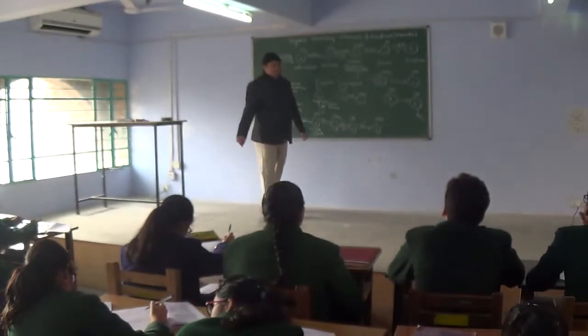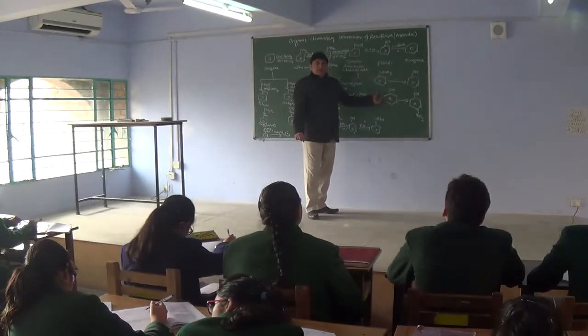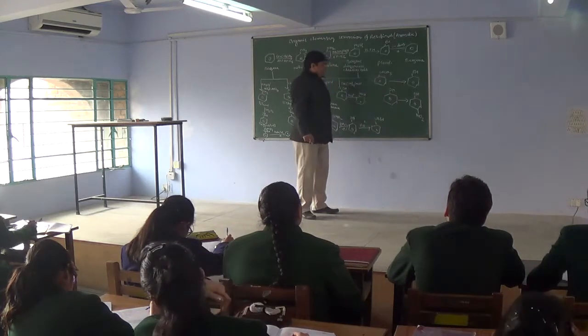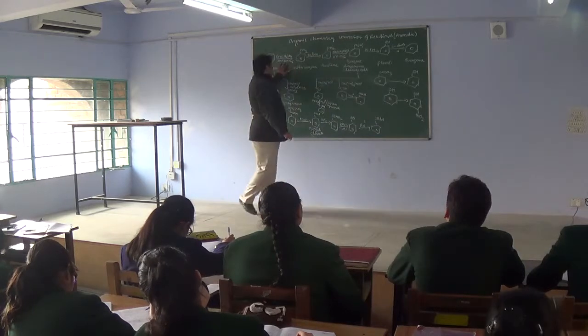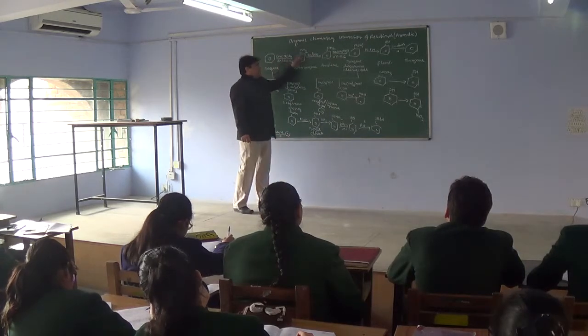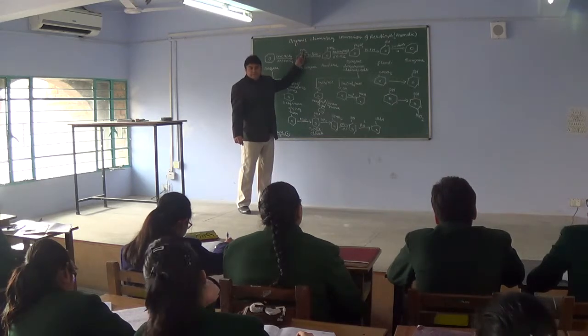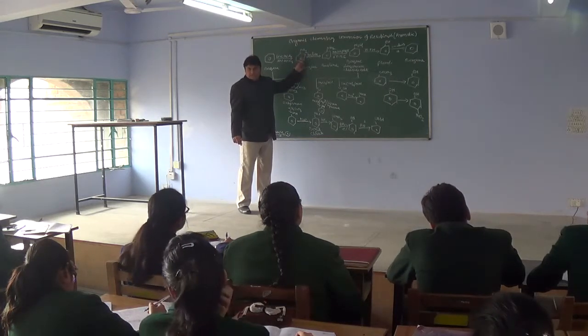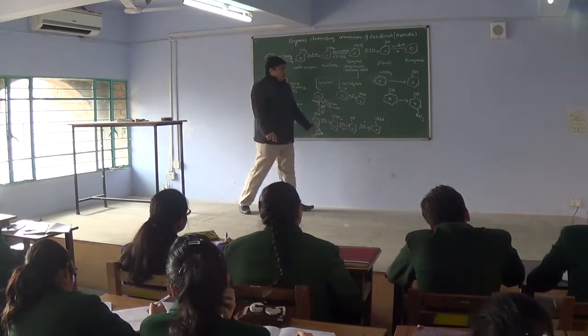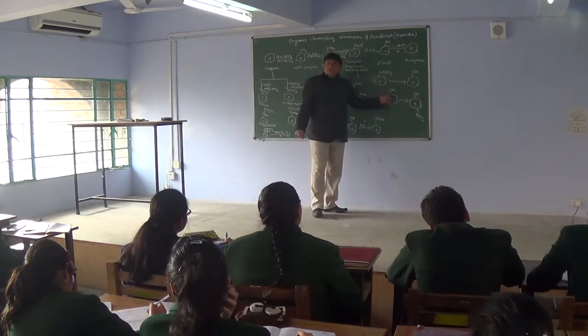Clear? Now here the directive principle has to be taken under consideration. You know that nitrating mixture results in electrophilic substitution reaction, producing nitronium ion, which undergoes what? A substitution with the H positive ion in the ring. Now this already existing OH group, it is what?